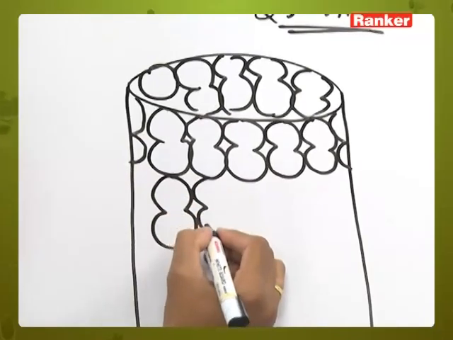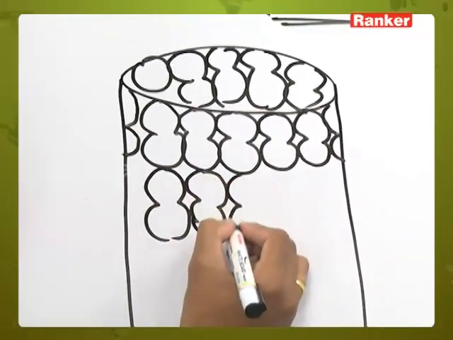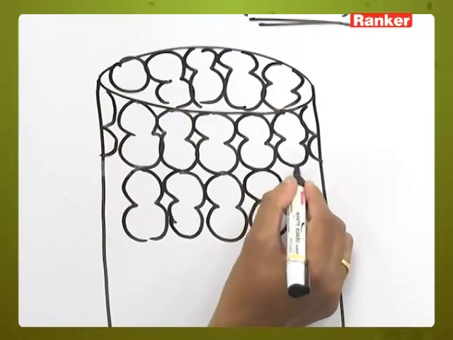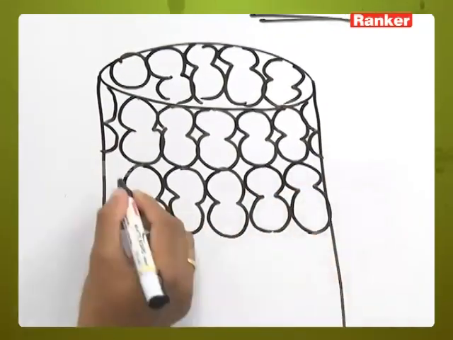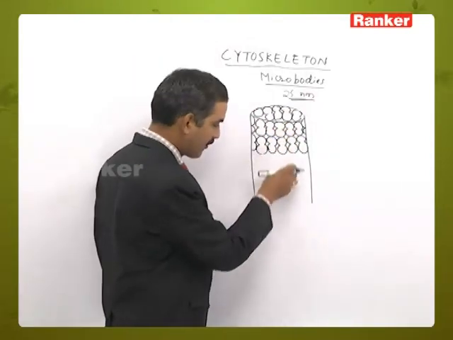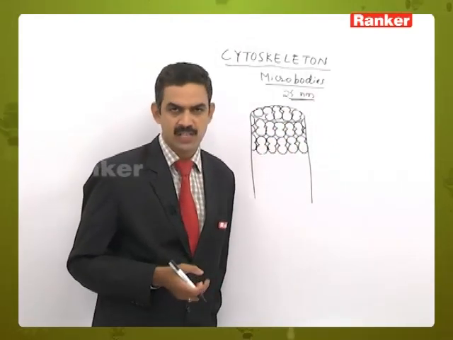These 13 protofilaments are arranged in one specific sequence in the total structure of the microtubules. Likewise the same type of organization will be present towards the minus end also.